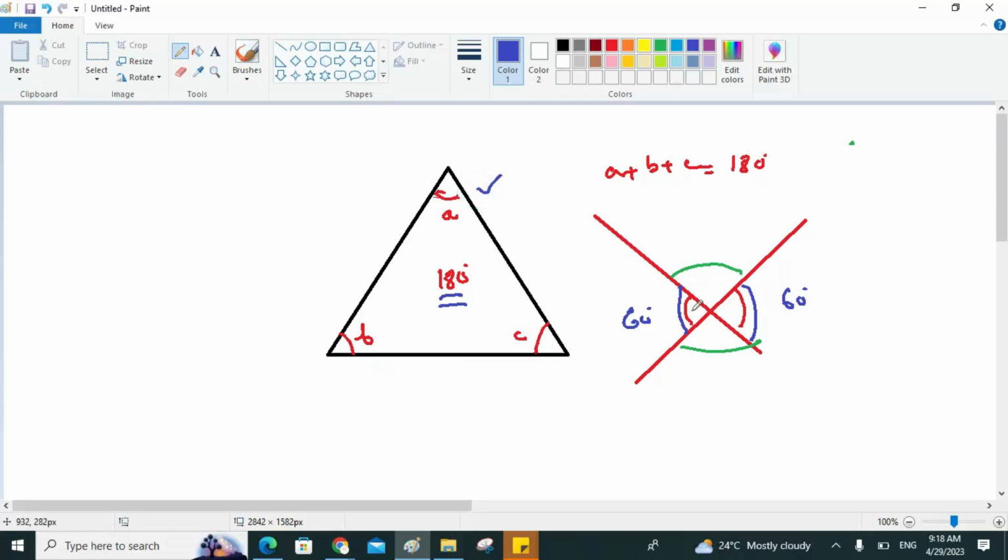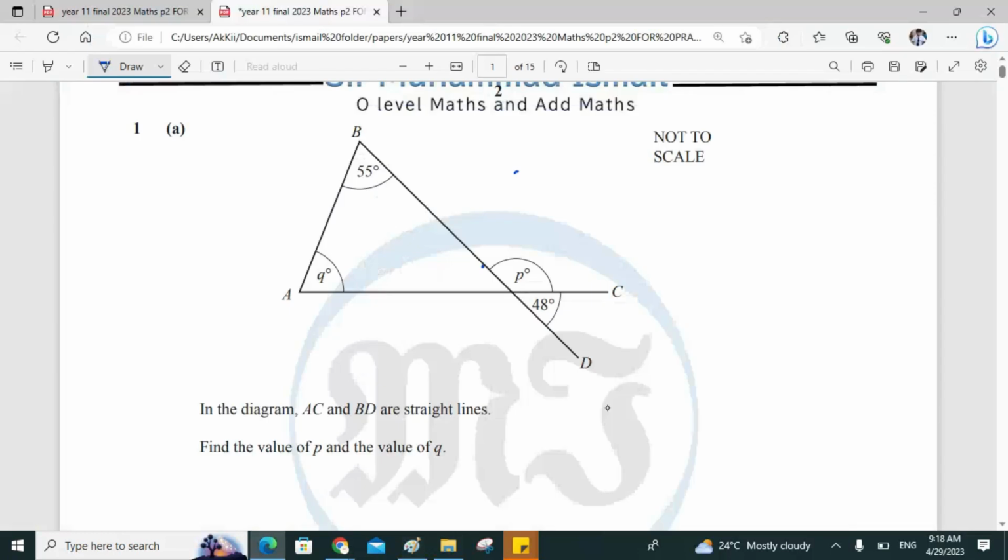And the second one is that if two lines are crossing each other, the vertically opposite angles are equal. So when you see the question, you just start solving it by seeing which facts could be most relevant in it. So this is angle 48. You can see that these two lines are crossing each other. This angle must also be 48 degrees.